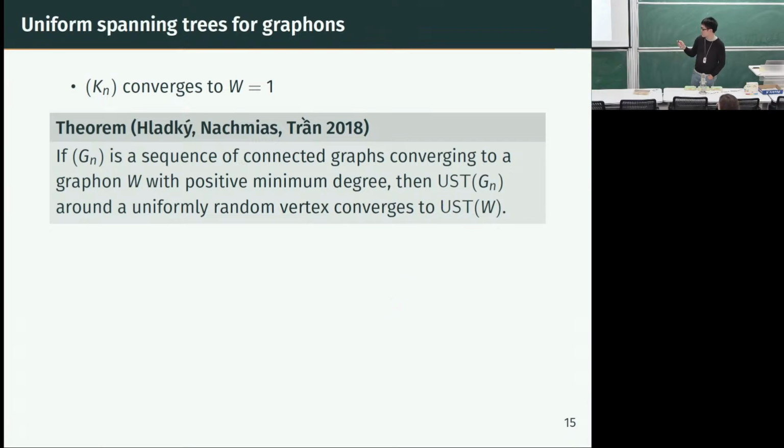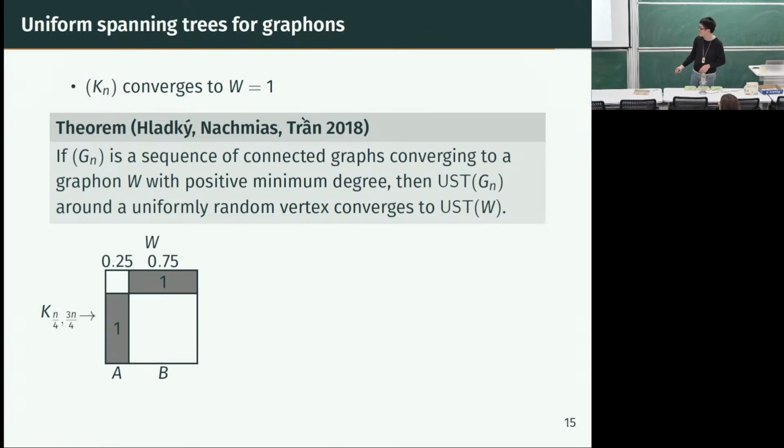Right, and so there is a whole definition for this, but just to give you a sense of what this object looks like, let's suppose I have a concrete example: a bipartite graph sequence converging to this graphon over here.